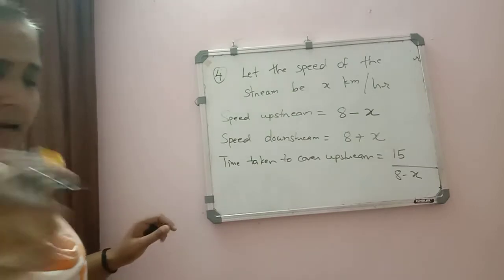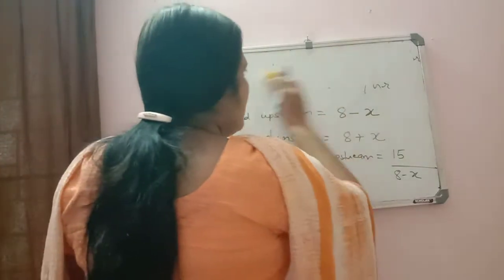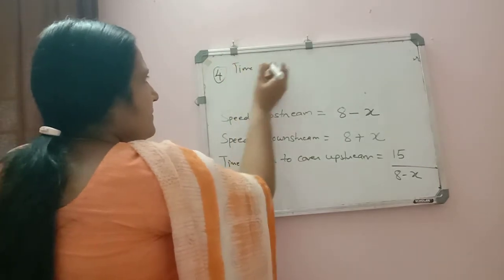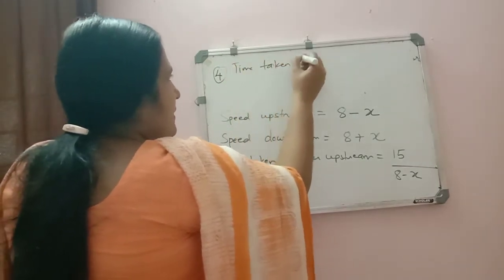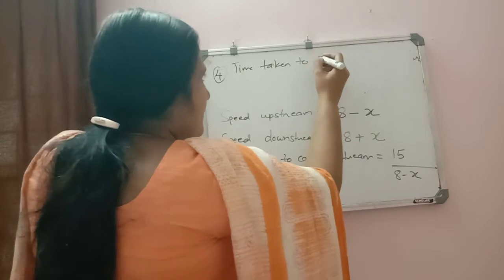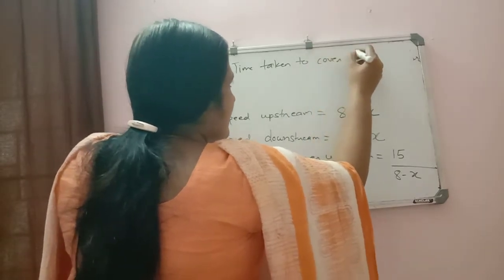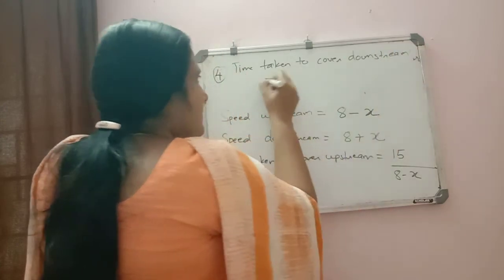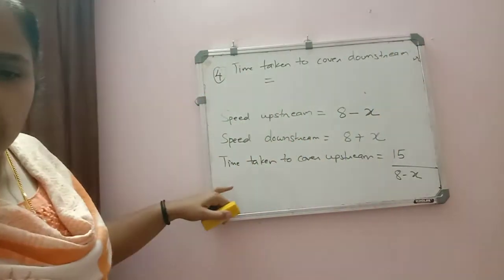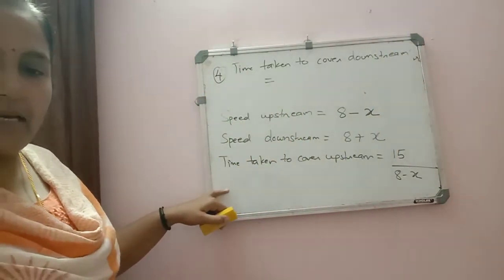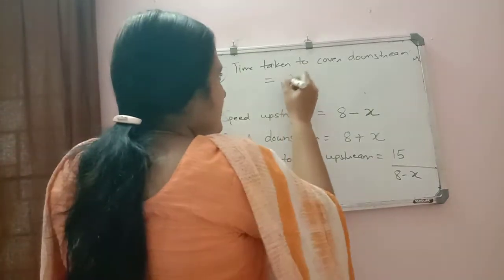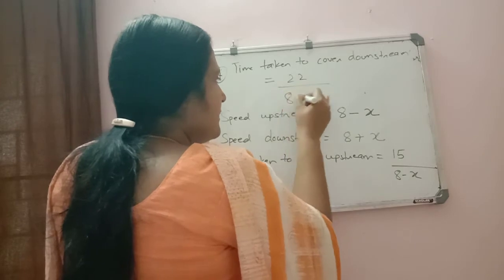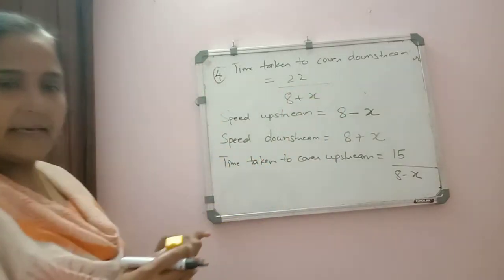The same way we will write what will be the time taken to cover downstream. As we can check there, 22 km downstream. So distance covered is 22 kilometers and downstream speed is equal to 8 plus x.